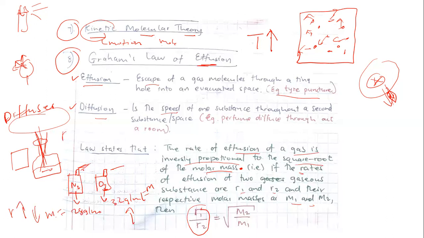Meaning here, nitrogen will quickly escape out of this container. But oxygen will not escape quickly like nitrogen. This will have a low rate, and that one will have a high rate of escaping. Okay, but remember, you're not compressing, it's all about them. They have to escape by themselves. I hope that was clear.